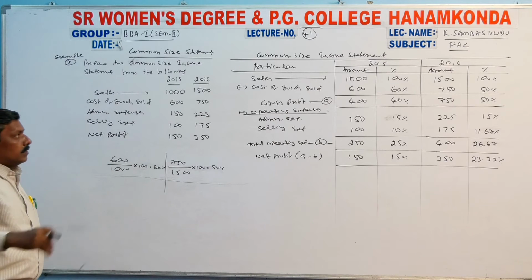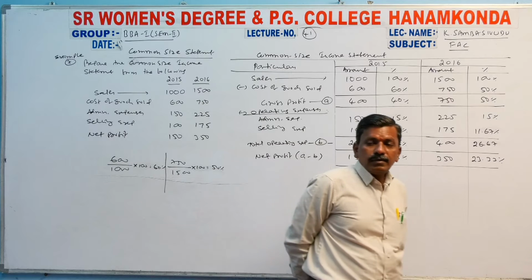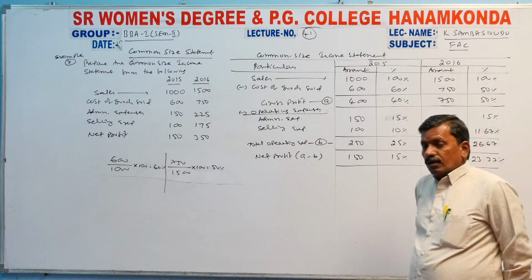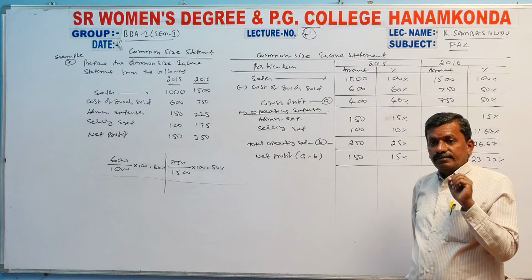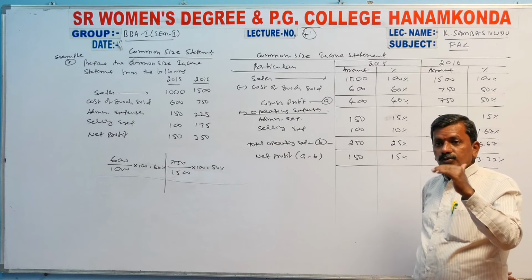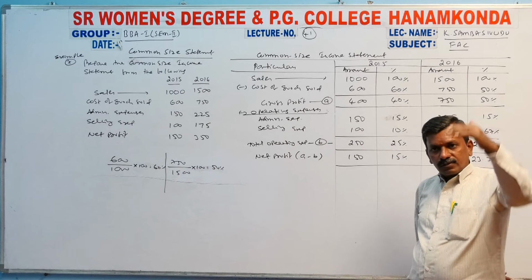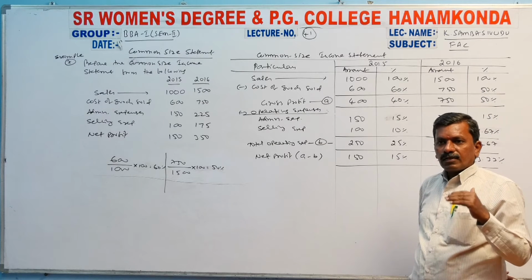So you observe it here, this is very common. Then to prepare the common size income statement, first you remember the procedure of the income statement, and how to start it. From sales minus cost of goods sold, we will get the gross profit.